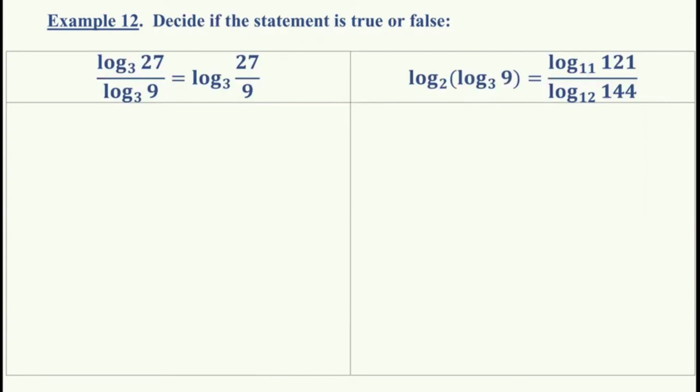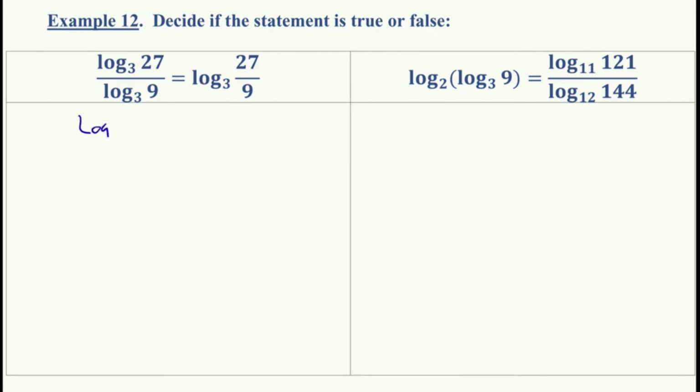All right, here we're doing a couple of true or false questions we may encounter. To handle a question like this, just figure out what the left side is, figure out what the right side is, and see if they're the same thing. So let's start with the left side.